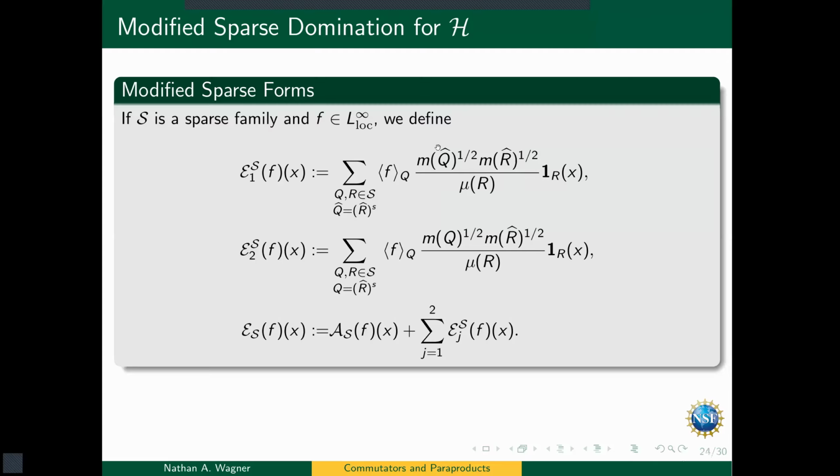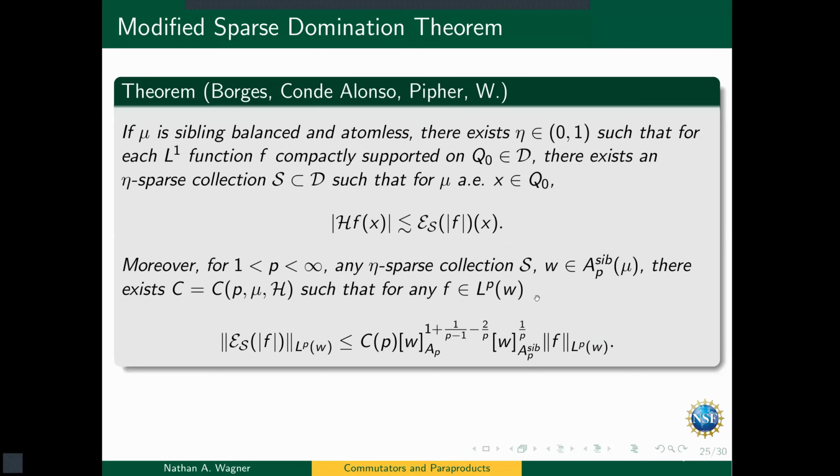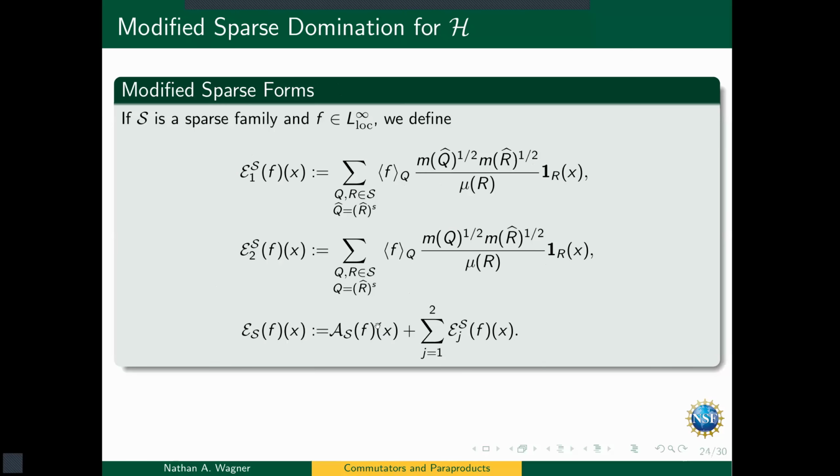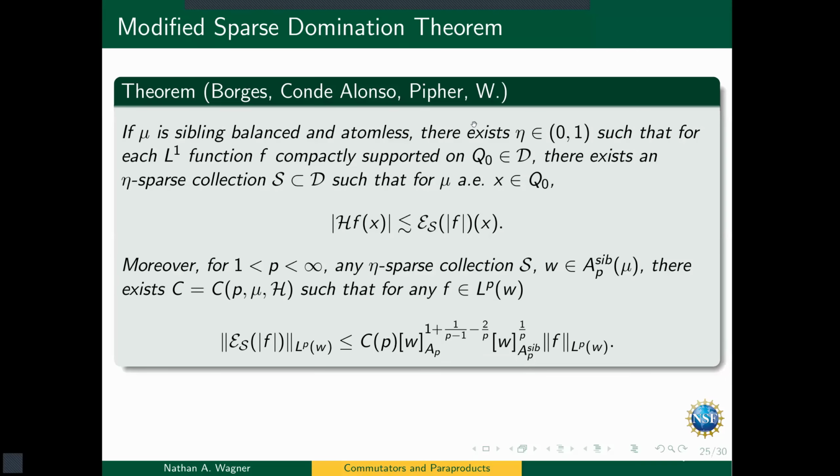So there are these configurations that arise, and it turns out if you add those on to the ordinary sparse form, you can achieve sparse domination of this dyadic Hilbert transform. That was actually known before. And it's also known that the classical sparse domination fails. So if you just try to use the ordinary sparse form, it won't work. So the result is, in a sense, sharp.